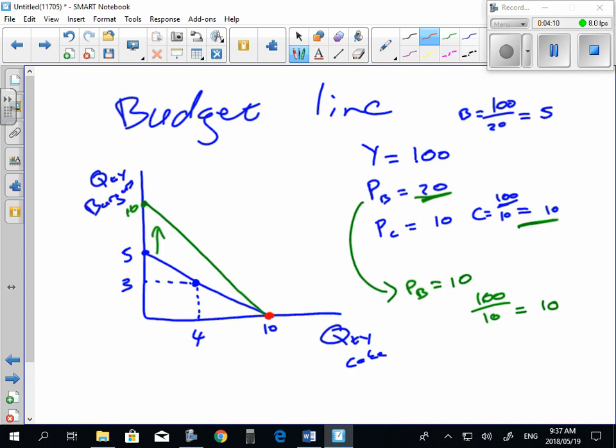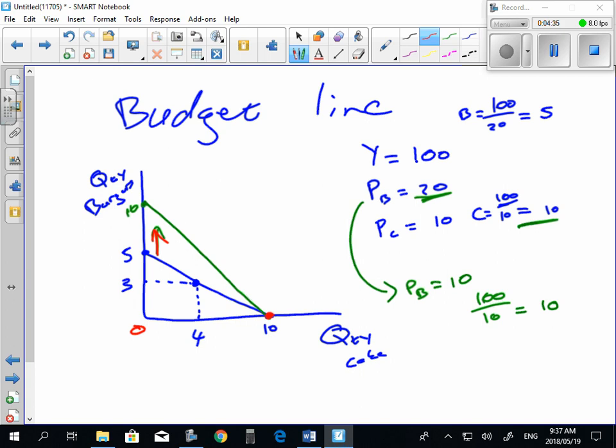This sometimes confuses students. The price of burgers has decreased, therefore the quantity has increased. That's why we pivot the curve away from the point of origin when the price decreases. So that's the first thing they can ask you: calculate your budget line, draw your budget line, whatever the case is.